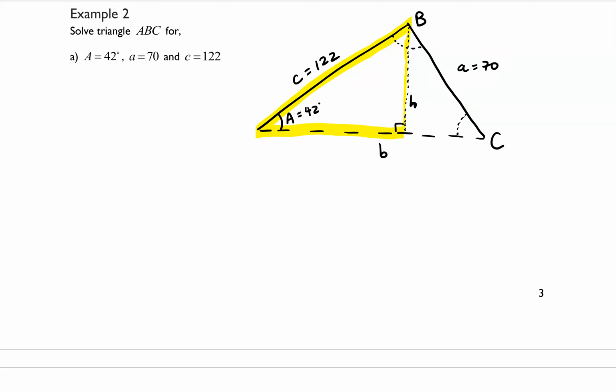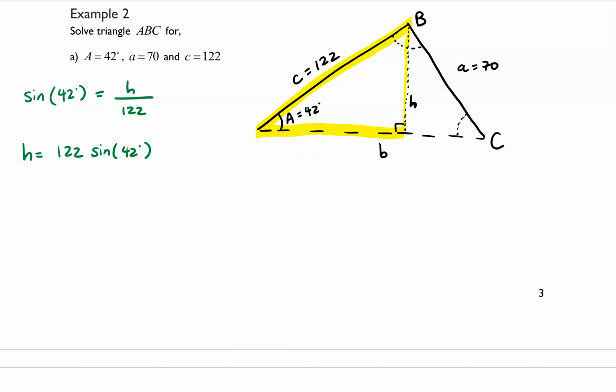And so what I'm going to do is I know that we have h, which is the opposite from capital A, and then c would be the hypotenuse. And so that tells us that we're going to use the sine function since we'd have the opposite over hypotenuse. And if I multiplied both sides by 122, we would get h is equal to 122 times sine of 42 degrees.